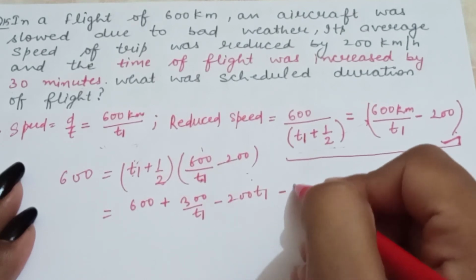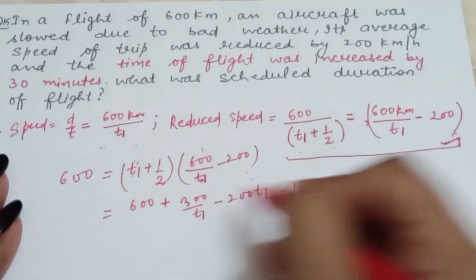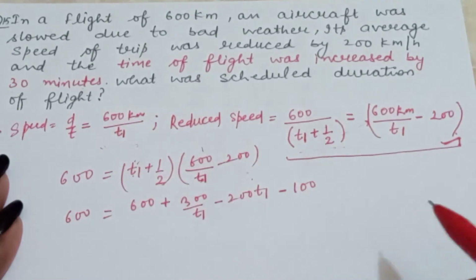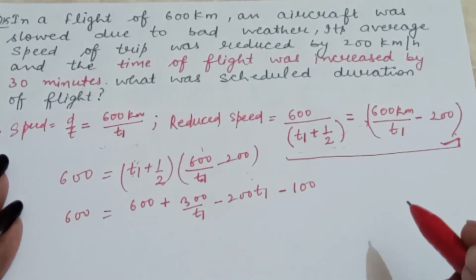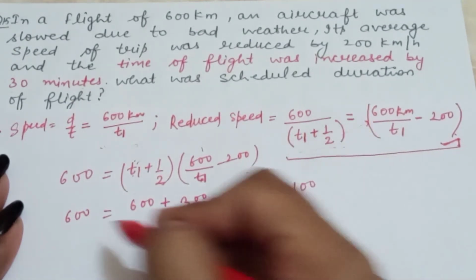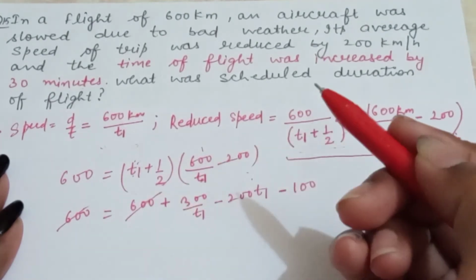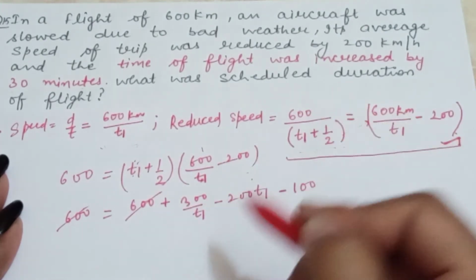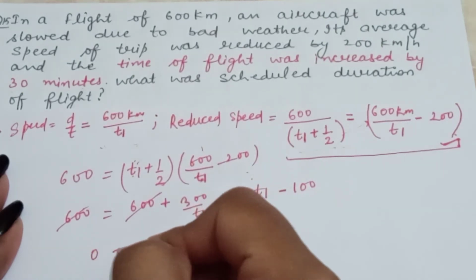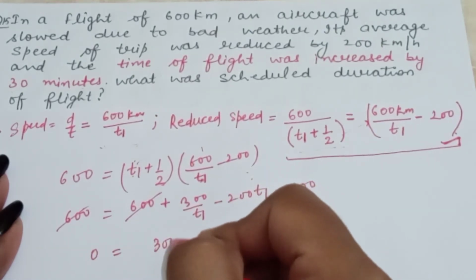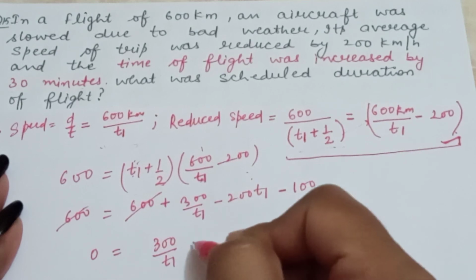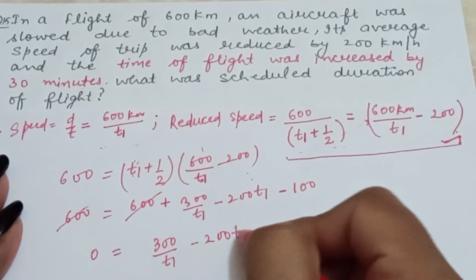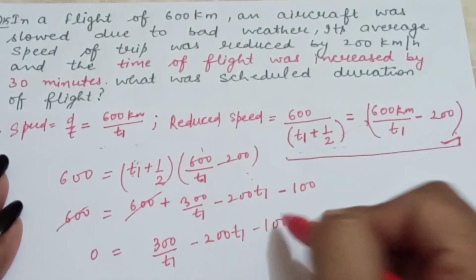And last minus 100, which is equal to 600. So this will cancel out. And we will get 0 equals 300 upon t1 minus 200 t1 minus 100.